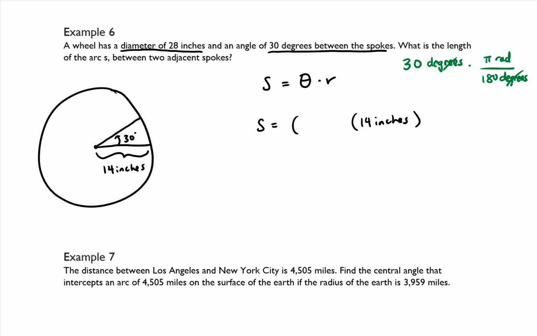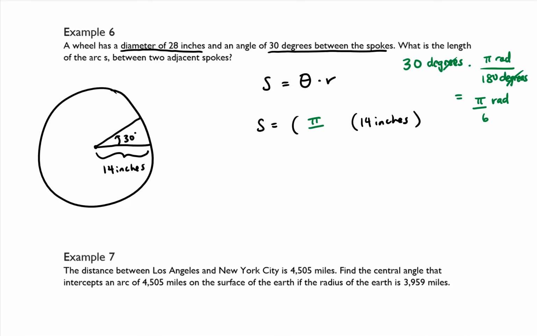So the degrees would cancel out, and then 30 divided by 180, that's going to give us, in the numerator, pi radians, and then in the denominator, we're going to be left with 6. So pi over 6 radians.